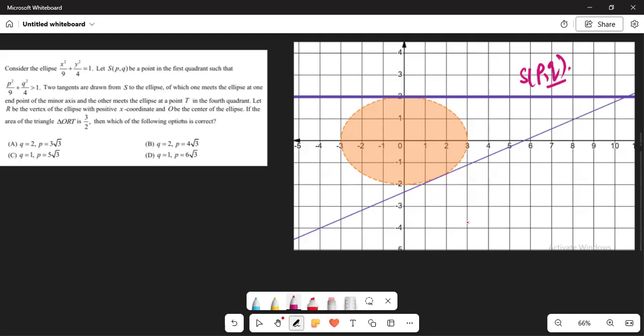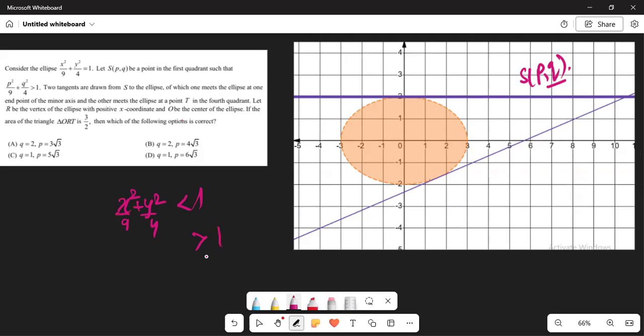If it lies on the boundary, it is given by the equation of the ellipse x square by 9 plus y square by 4 equals to 1. If it is lying inside the ellipse, it is given by the inequality x square by 9 plus y square by 4 less than 1. If it is lying outside the ellipse, then it is given by greater than 1.